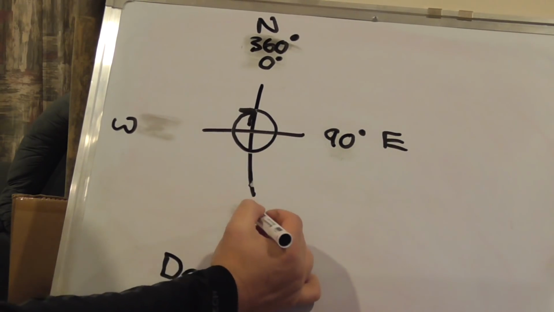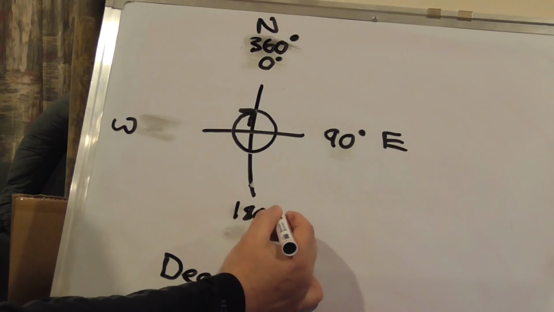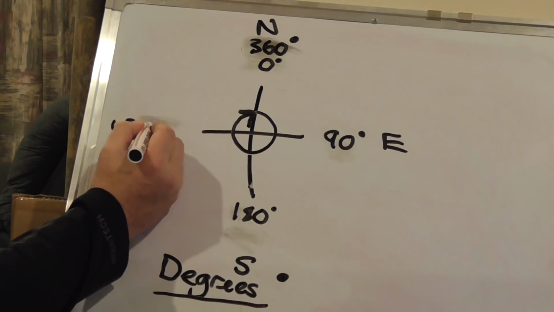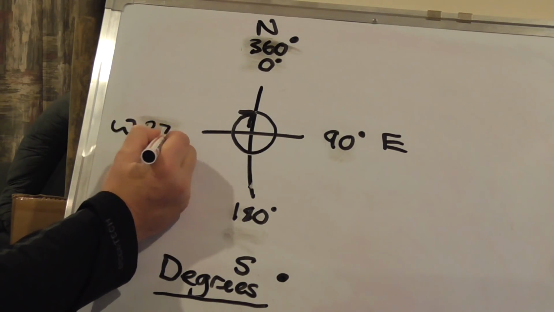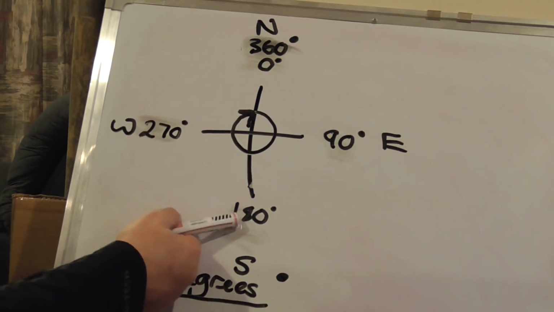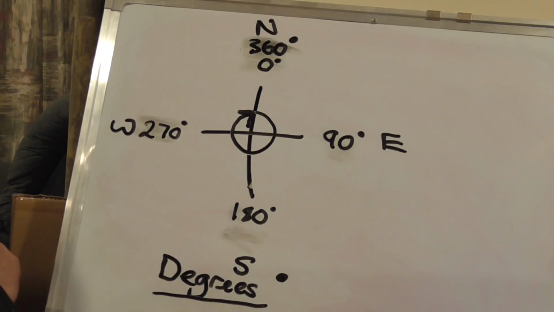Down here, at the south, is 180 degrees. And out to the west here we have our 270 degrees, which is an extra, I don't know why I didn't figure that out before. It's only another 90. My maths was just going all over the place. Too many things going through my mind.